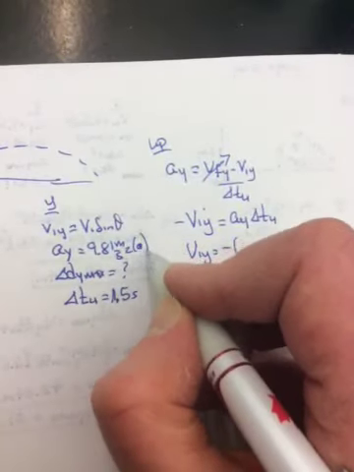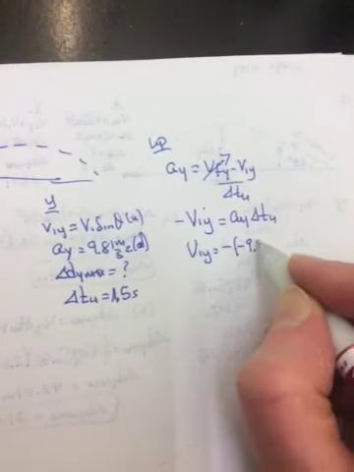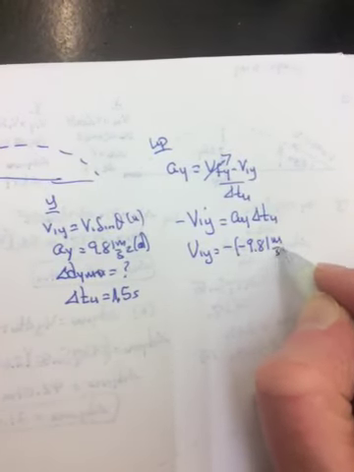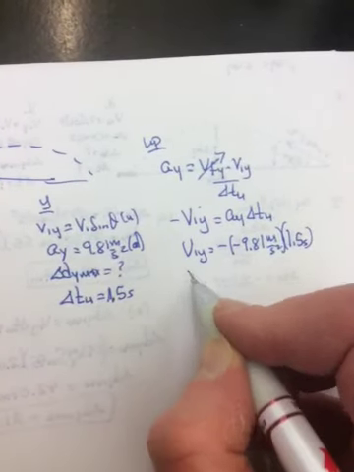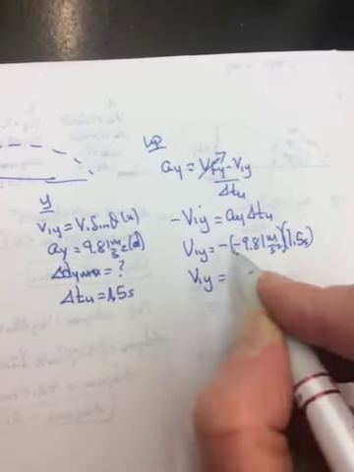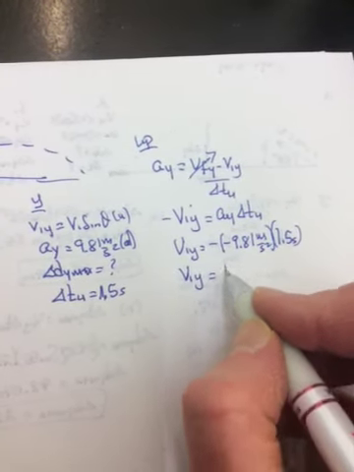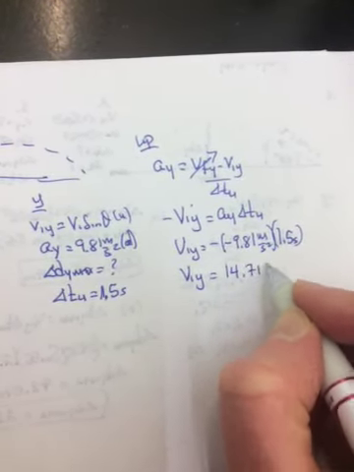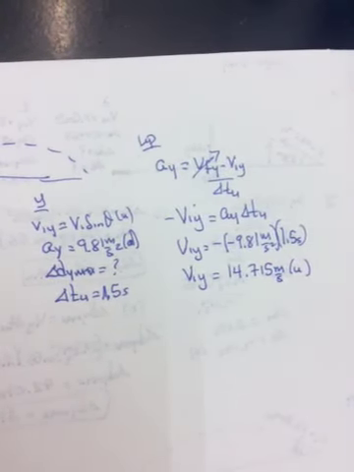This is down, this is up. So the 9.81 has to go in as a negative as well. And the time is 1.5 seconds. So VIY will equal positive, and it'll be what, 14.715 meters per second. Works out to be positive, so it's up.